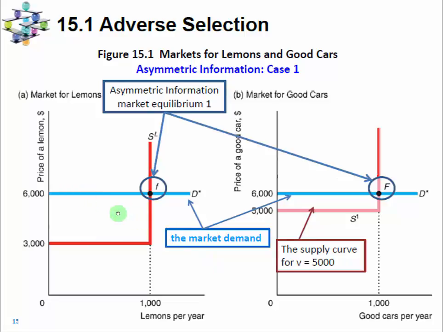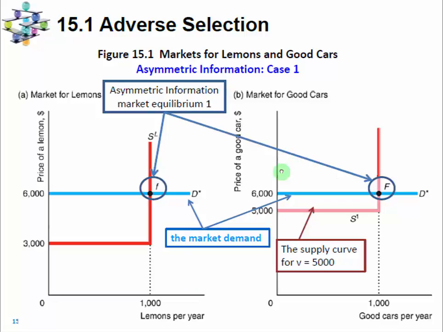In essence, the lemon sellers benefited from this situation, and the good used car owners actually subsidize the price that the lemon sellers can receive with their good used cars. Remember in this example that we assume the reservation price for good used cars is the lower value, $5,000. That's why in this market, there's no adverse selection yet.